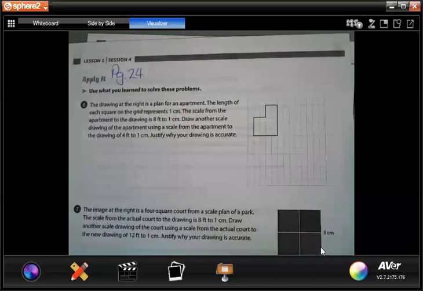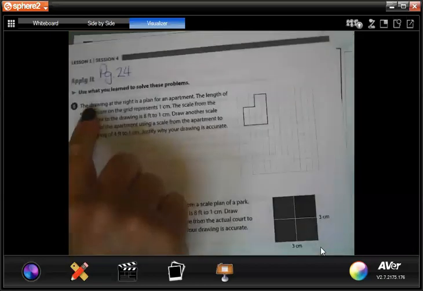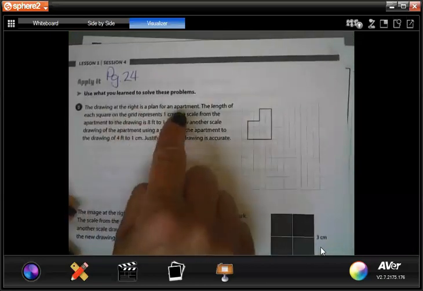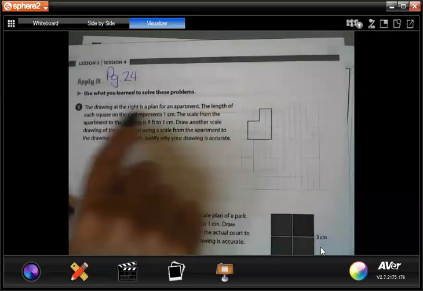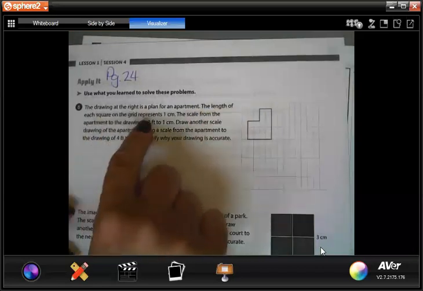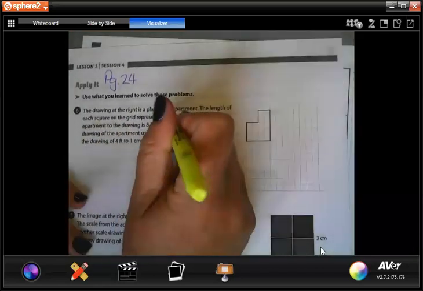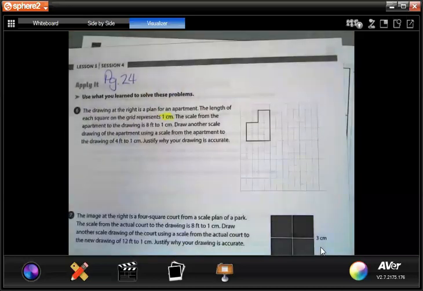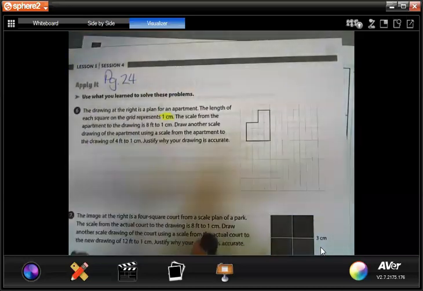So what I'm going to do is read back through it, pulling out important information. The drawing at the right is a plan for an apartment. Okay, got it. The length of each square on the grid represents 1 centimeter. So with that piece of information, I'm going to stop and go over here.